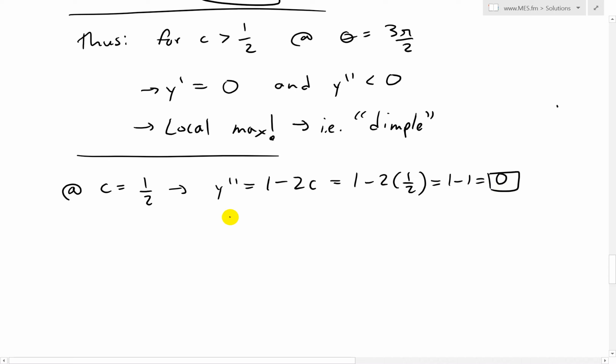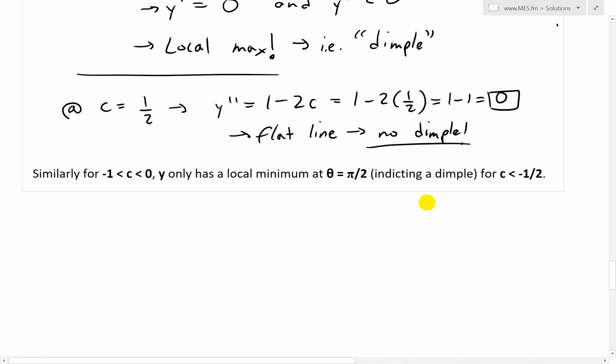In other words, this is a flat line. It's not increasing or decreasing the rate of the first derivative. So flat line, no dimple. So there's our proof for that. So that's our proof, but we can go further.